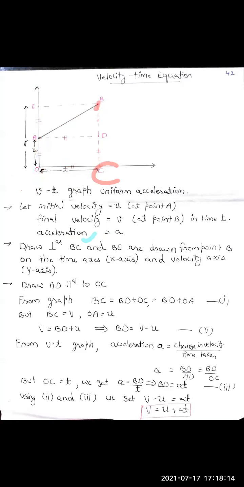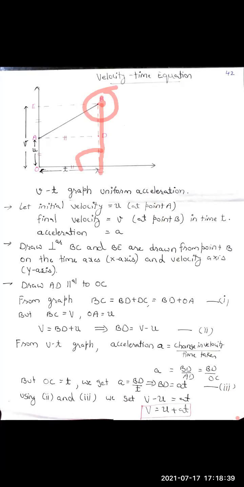Now, children, we will be doing two constructions in this. The first construction is from the final point B, you have to draw two perpendicular lines. Firstly, you will draw a perpendicular line on the x-axis, that is BC. So BC is the perpendicular line from point B on x-axis, right?